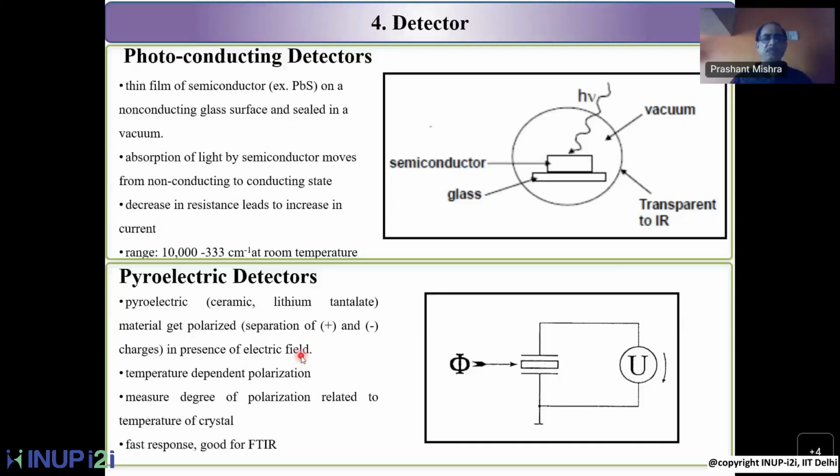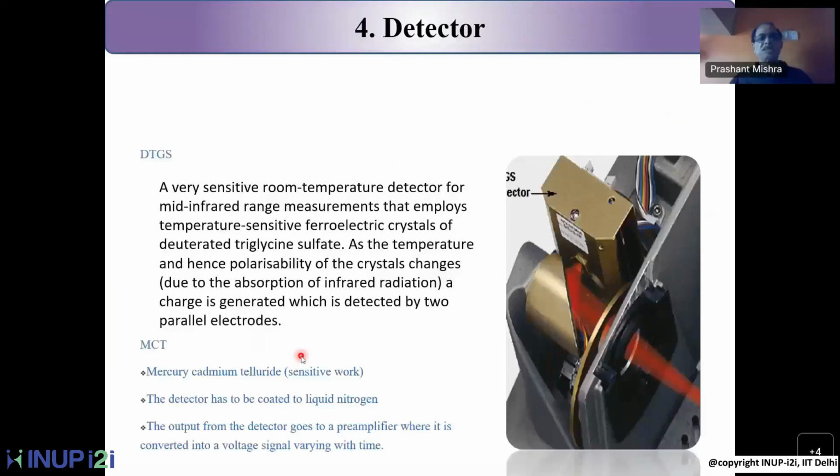So there are 3-4 types of detectors which are known for FTIR, but the most commonly used and more sensitive detectors are the DTGS detector and the MCT detector. Now, the question comes, which detector should one use? Which detector are you going to employ in your instrument? Or suppose you are purchasing an instrument, which detector should you select?